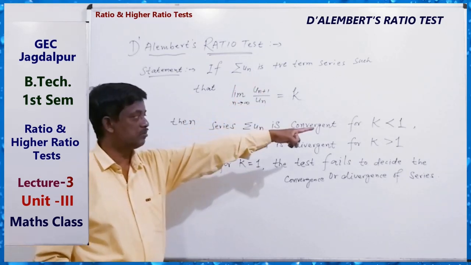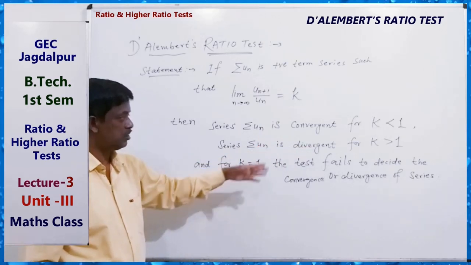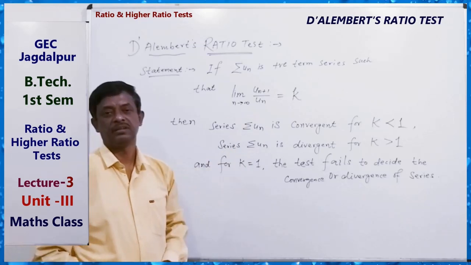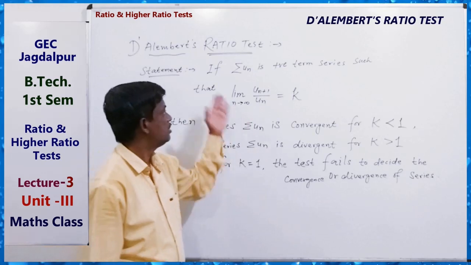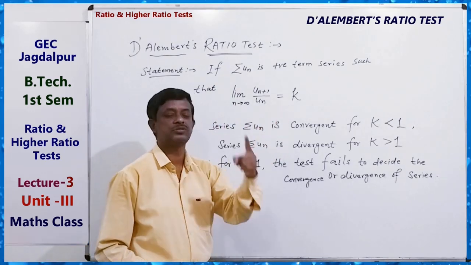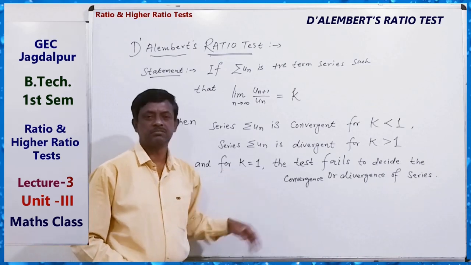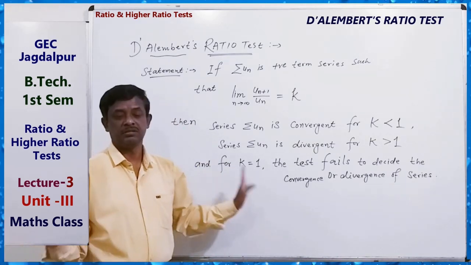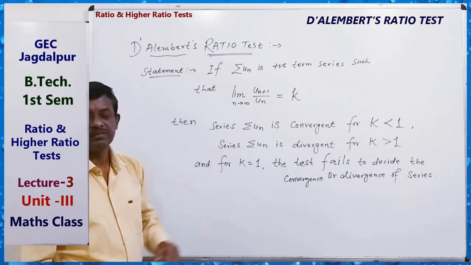If the limit is less than 1, convergent; greater than 1, divergent. If k equals 1, the test fails, and we cannot use this test, because in this case the series may be convergent or divergent, but this test will not be able to decide.